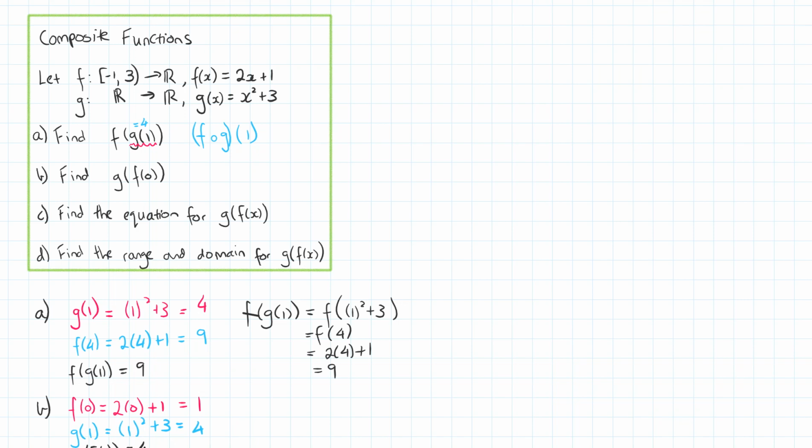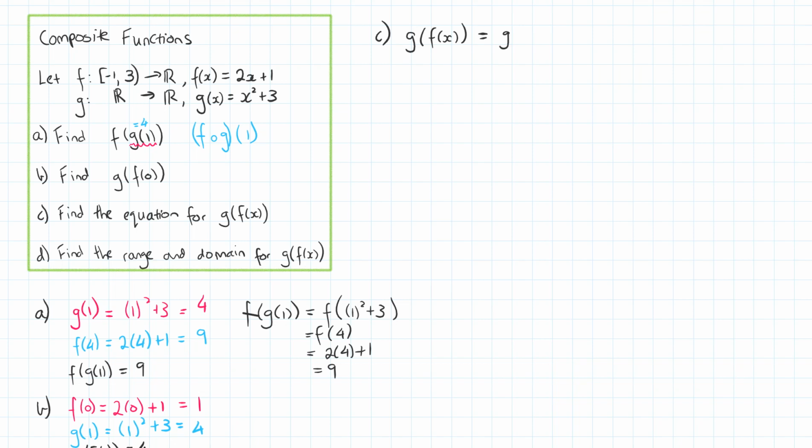And we're going to use the same idea when we substitute in a number, except now we'll substitute in just x. So g of f of x. Okay, so just like before, we substituted in to f first, got our answer, substituted into g, and got our final answer.